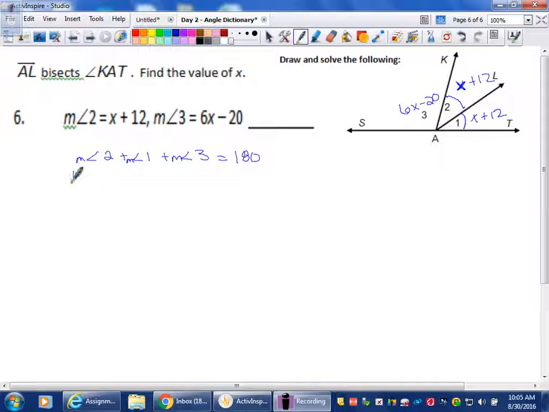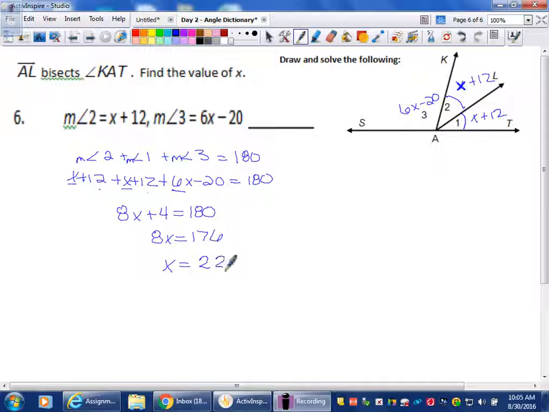So angle 2 is x plus 12, angle 1 is x plus 12, and angle 3 is 6x minus 20, and it should equal 180. So that's 8x. 12 and 12 is 24, minus 20 is 4, equals 180. So 8x is 176. So x would turn out to be 22.